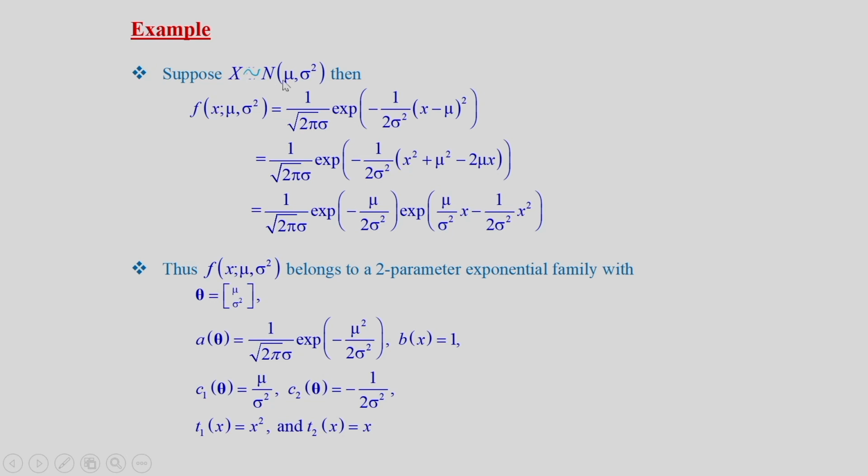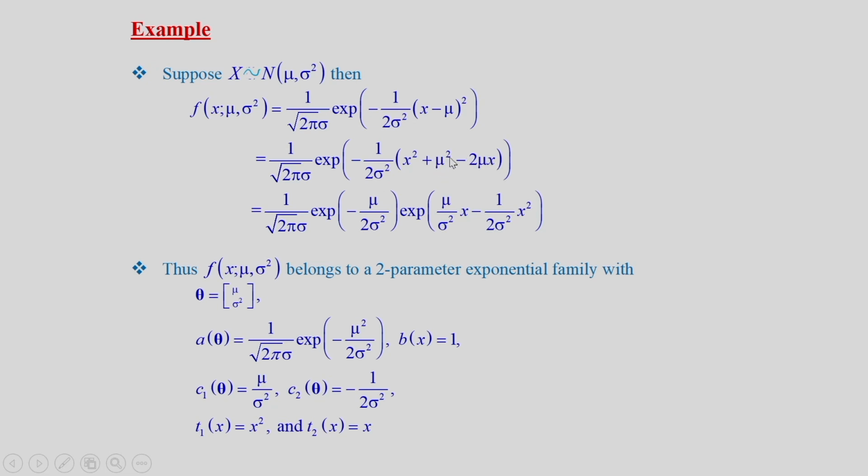Suppose X is a normal distribution with mean mu and variance sigma square, and mu and sigma square are unknown. Then the PDF, f(x; mu, sigma square), is a function of mu and sigma square, equal to 1 by root over 2 pi sigma into exponential of minus 1 by 2 sigma square into (x minus mu) whole square. So, we can write this as 1 by root over 2 pi sigma into exponential of minus 1 by 2 sigma square into (x square plus mu square minus 2 mu x).